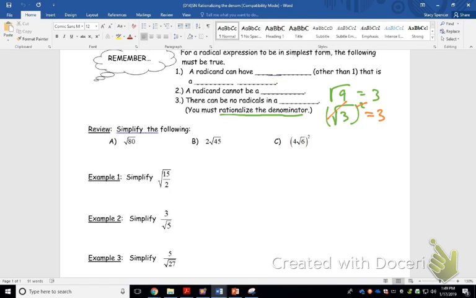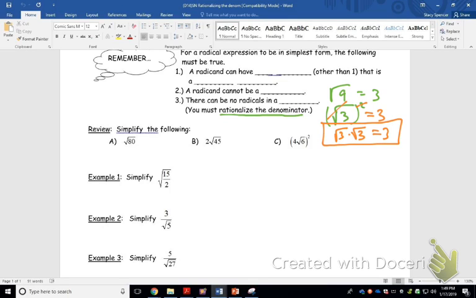Or I could have written it as the square root of 3 times the square root of 3. There are two of them, and my answer would have been 3. We use this concept to rationalize the denominator, because you cannot have a radical in the denominator.